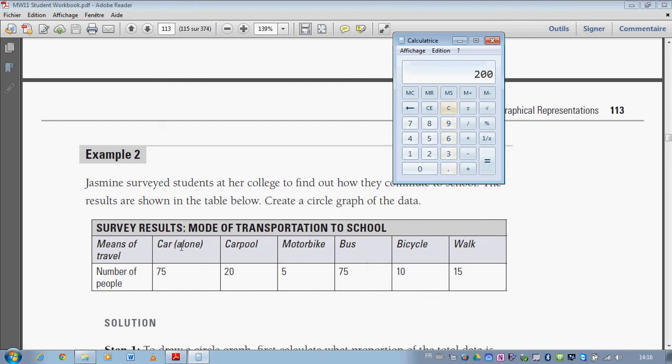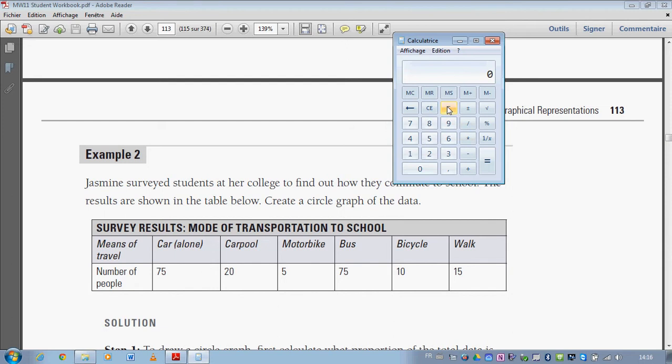So for example, if you're taking the car alone, that's 75 of 200 people. So here's what it is as a decimal, but then to go from a decimal to a percentage, you've got to multiply by 100. So that's 37.5% of people take the car alone.